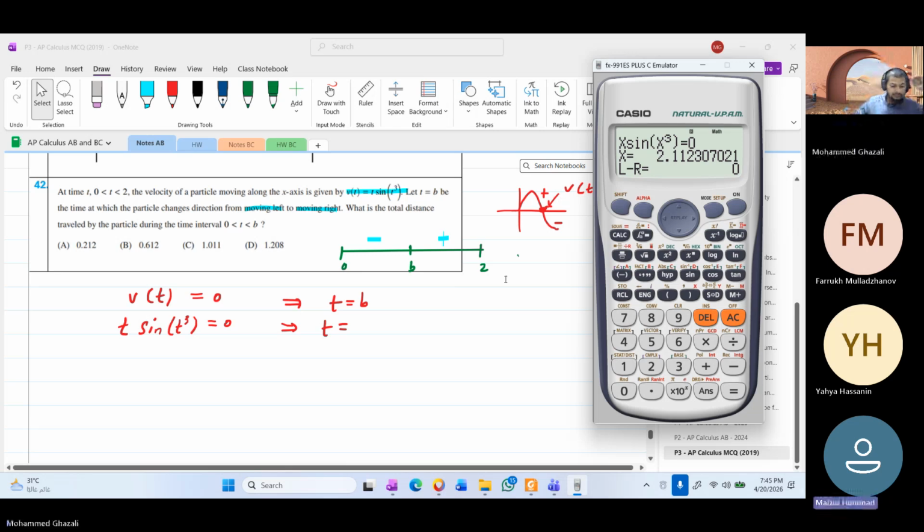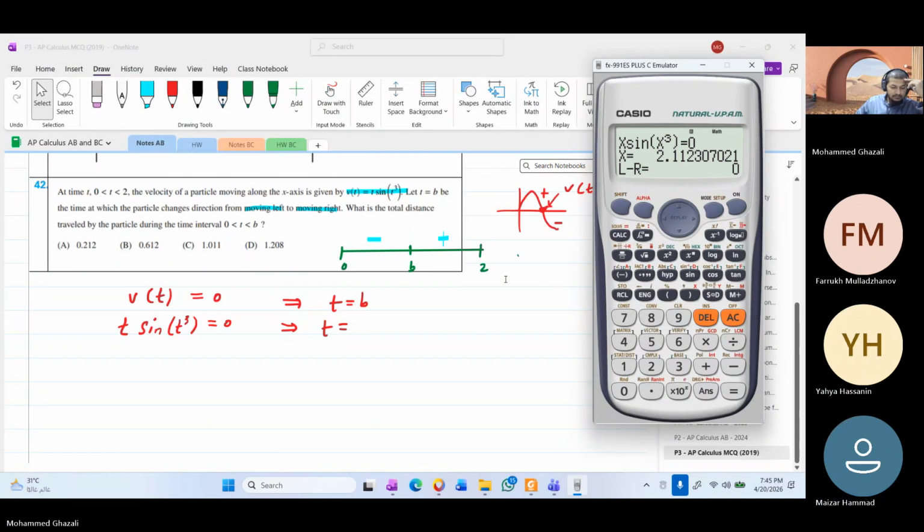Let me do it on my graphing one. Wait, let me take it out. X sine x cubed is equal to 0. See what other answers you are getting. There might be multiple answers.